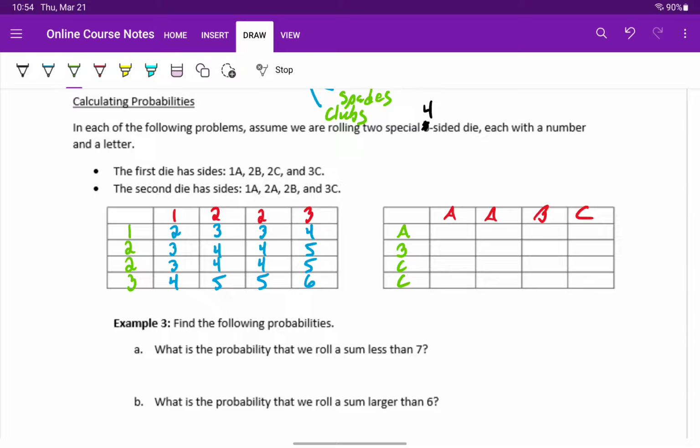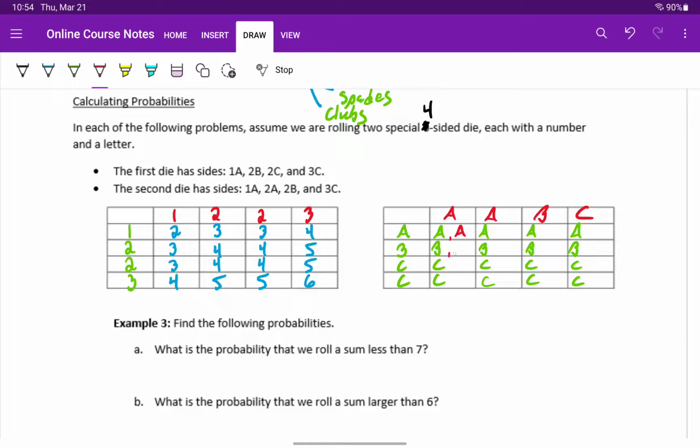For the letters, we're not combining anything. We can't add letters together. So we'll fill this out the way we did in the previous example. We'll take the A's from that first row and continue them all the way across. Do the same with the B's and then the C's in those last two rows. Then we'll look at each column and bring that first value down.